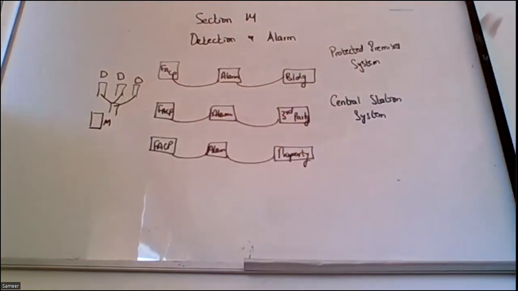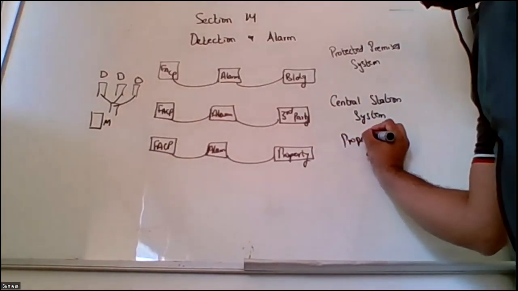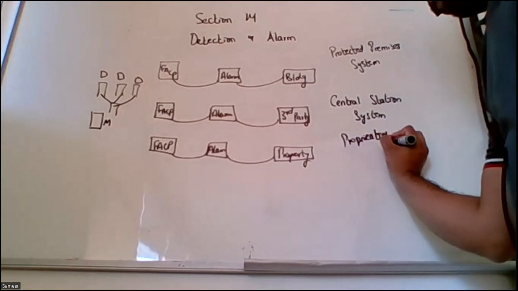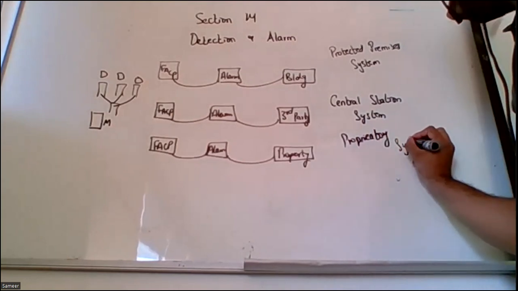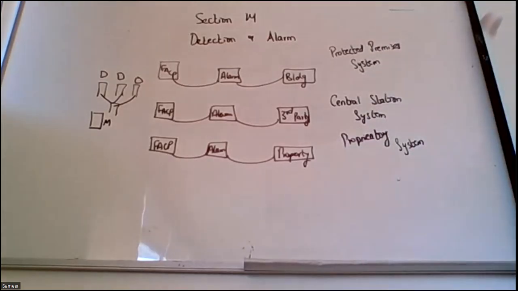This type of system is known as a proprietary system. The alarm is being monitored by the same property owner. To give a clearer example, usually most buildings have their own BMS system, right? So they are continuously monitoring.